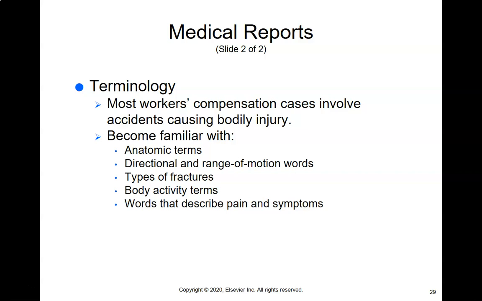Body activity terms, and words that describe pain and symptoms. Healing may take months and depends on the location and the severity of the injured part, associated injuries, and complications or infections.